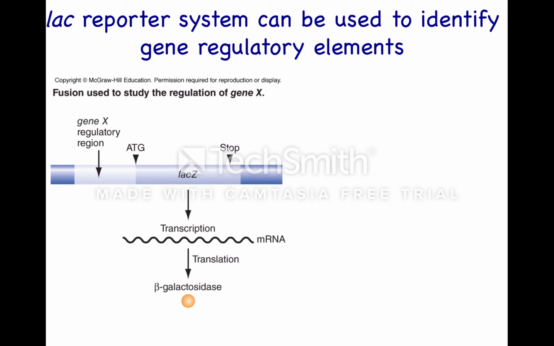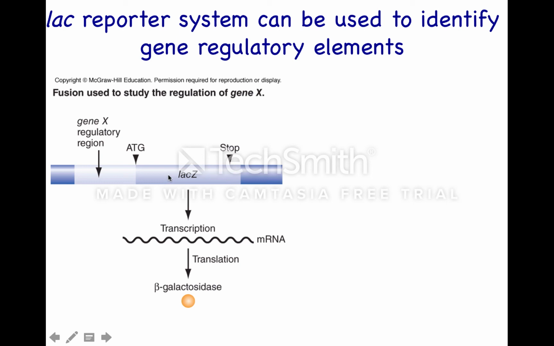The second way that people often use the lac operon is, instead of using the gene regulatory elements from the lac operon itself, they will often use one of the genes, the LAC-Z gene, which, as you might recall, produces beta-galactosidase.